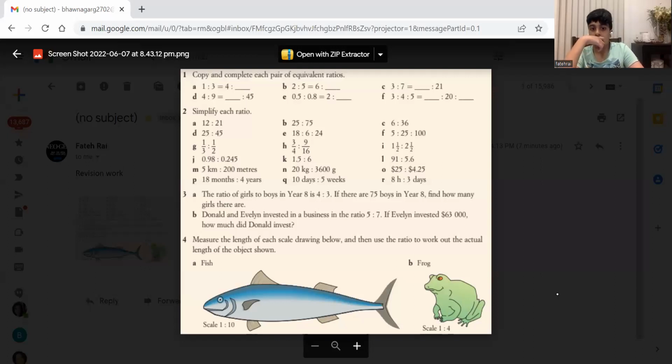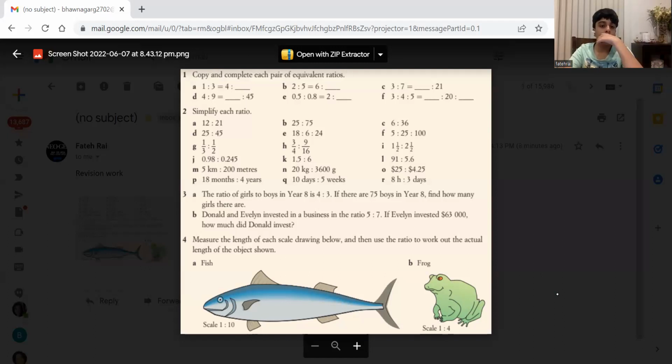First, copy and complete each pair of equivalent ratios. 1:3. For the equivalent ratio, we need to find out what it would be.